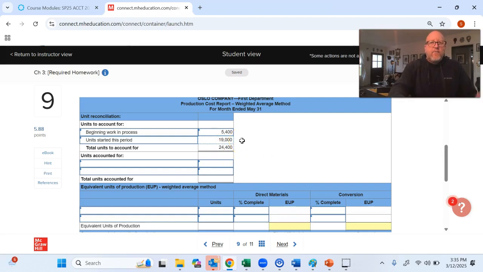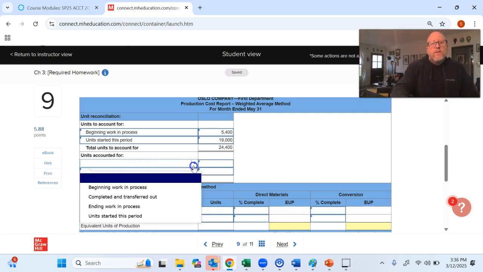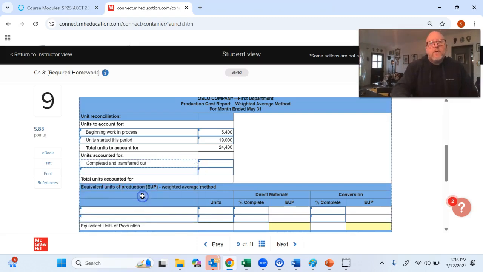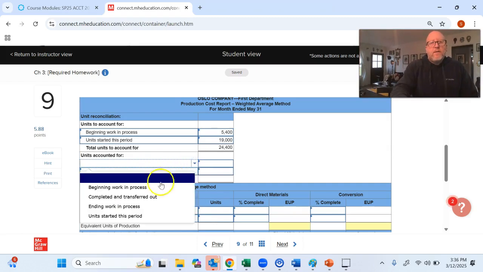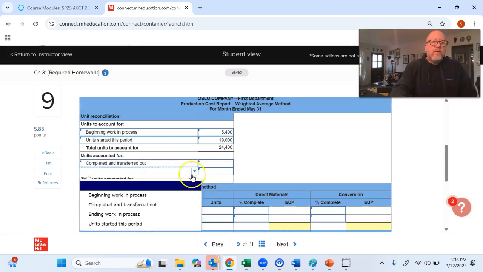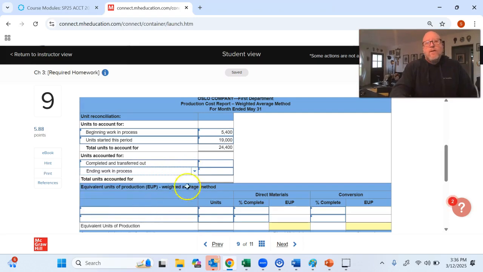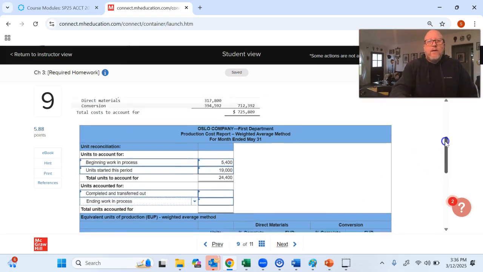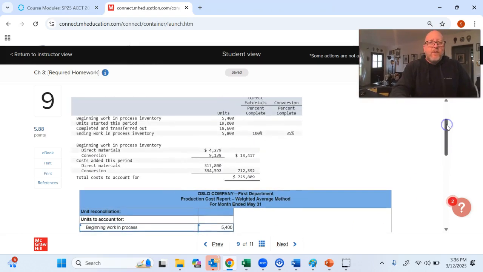And therefore, total to account for is 24,400. Now, just like we were saying, these are either going to be completed and transferred out, or still in ending work in process. And I think they gave us some information. So we completed and transferred out 18,600.